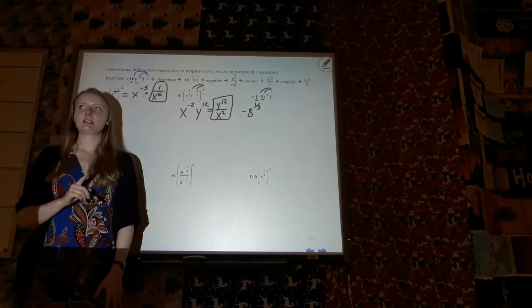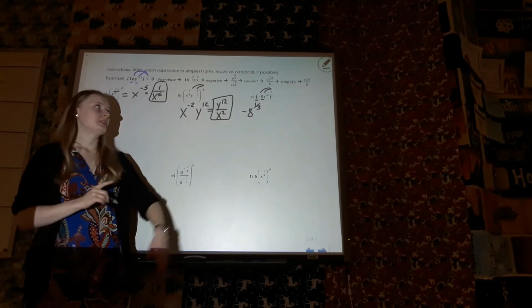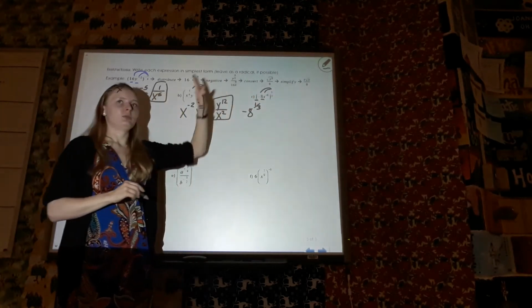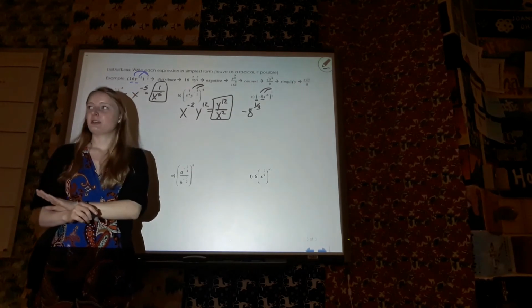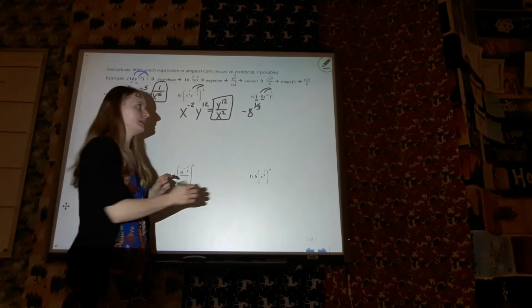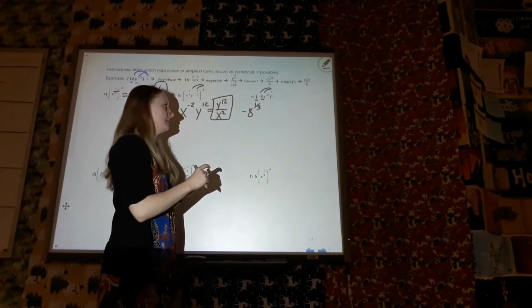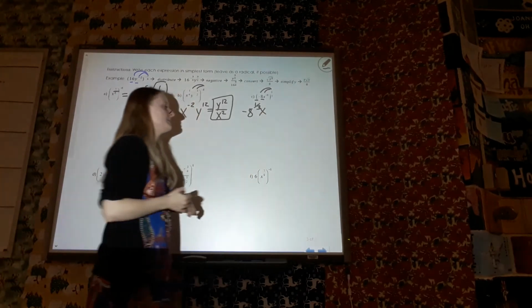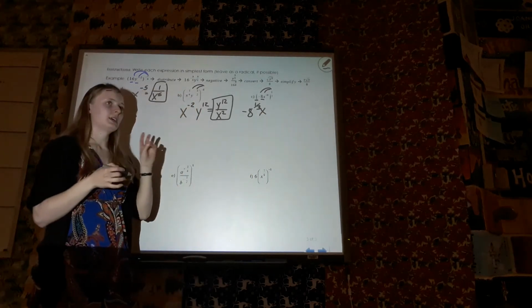One of the biggest mistakes that I see with this problem is that you forget that 1/3 is an exponent, and when you distribute it, you do -8 times 1/3. 1/3 is a power. It stays as a power. Okay, so leave it up here, superscript notation. And then when I multiply it times the x term, it's -6 times 1/3.